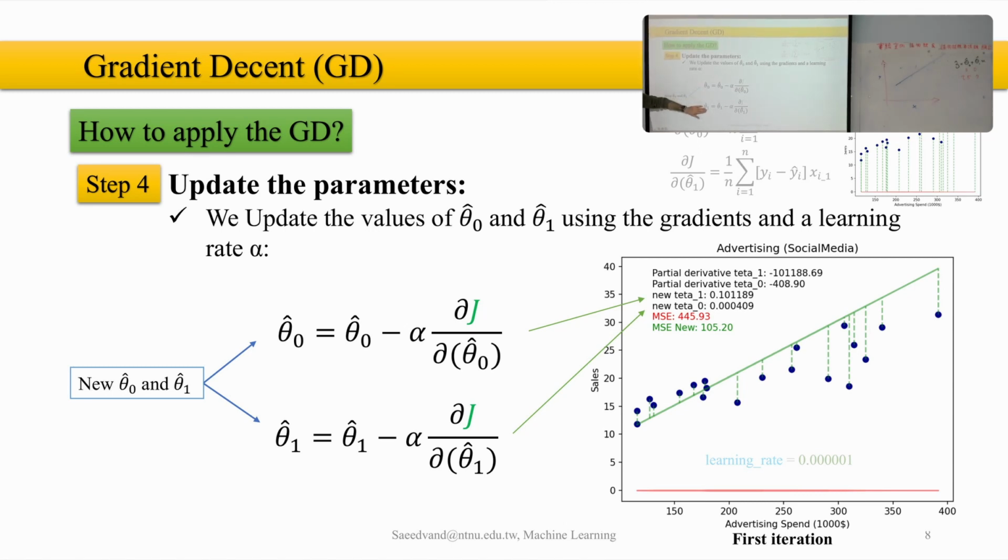So by applying these two steps in each iteration, we are updating our values. For example, if my model was here, my gradient calculation says that the direction is this side, and it also shows the magnitude, how steep the slope is.